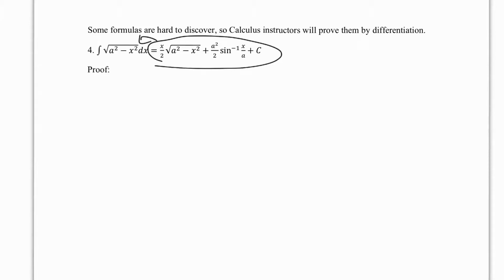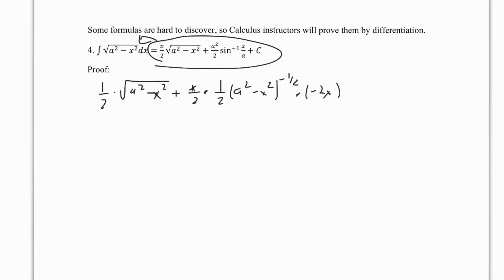We're going to take the derivative of that thing and see if we get back to the left-hand side. Well, we've got a product rule there to start off with, so 1/2 times root a squared minus x squared, plus x over 2 times 1/2 a squared minus x squared to the negative 1/2 times negative 2x, plus, well, now we've got this whole other term to deal with.